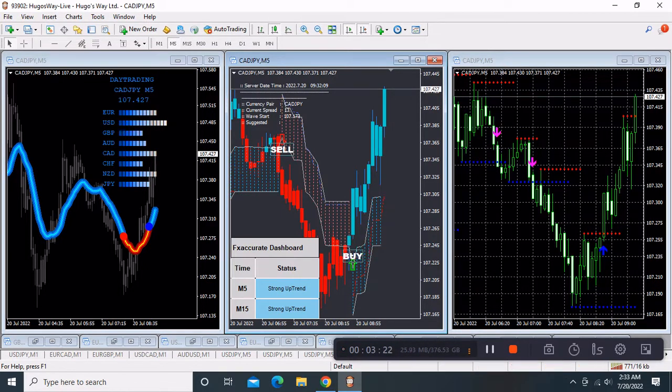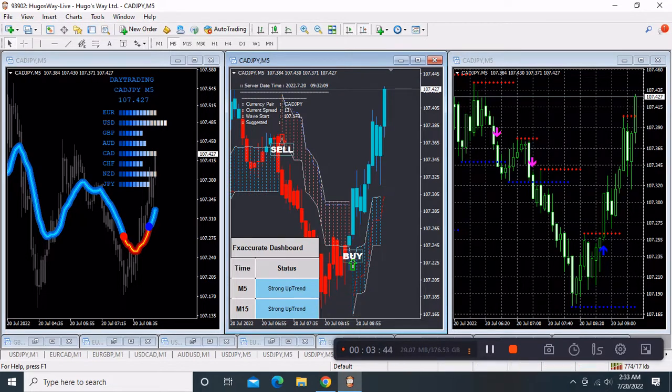As you can see, things are moving up, and it's showing a strong trend. When it starts coming down a little bit, it'll show that it could be a weak downtrend. It gives you that notification, like an alert, to let you know things could be preparing to switch over. So it's just something to help you.